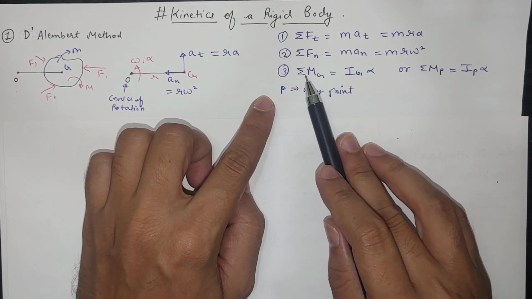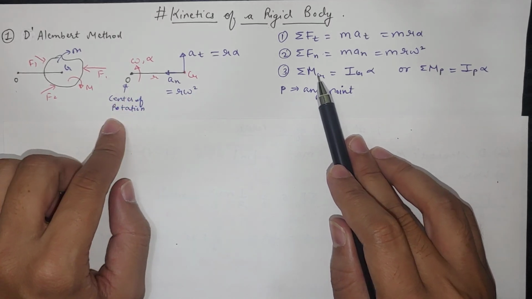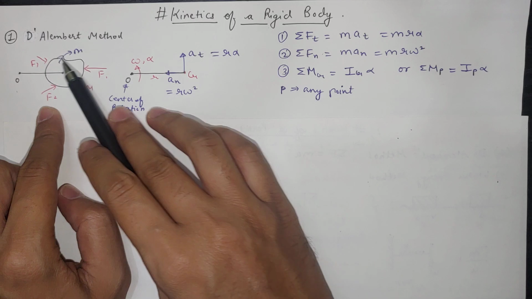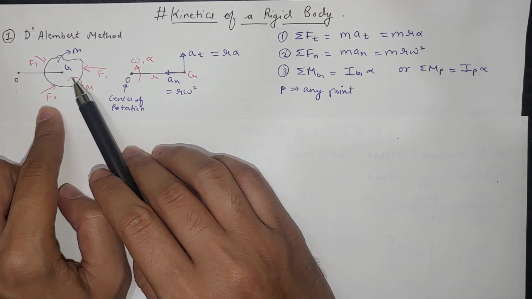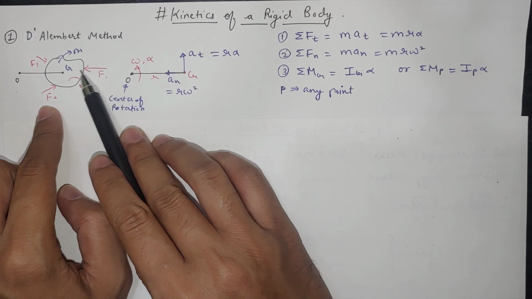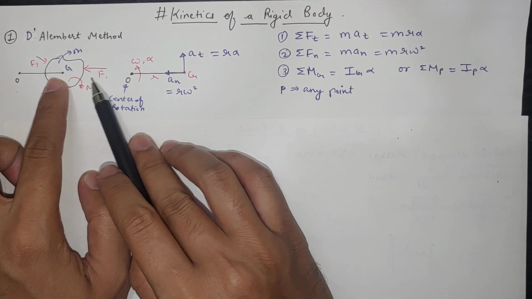The third equation is summation of moment at G. Whatever forces and moments are acting, we have to take them with respect to point G. Let's say this force is passing through G, so there will be no moment by this force.